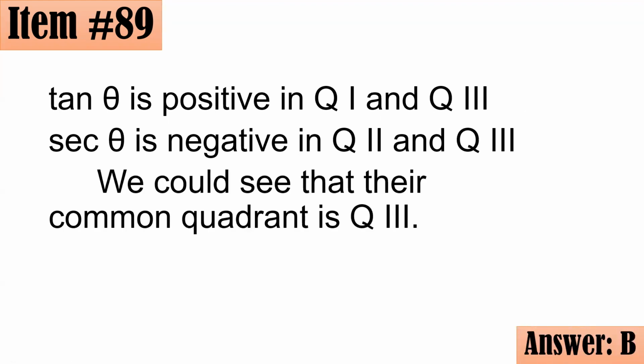Hence, we could see that their common quadrant is quadrant 3, so tama nga naman po si letter B. Tangent theta is positive and secant theta is negative if the terminal side is found at the third quadrant. Magaling po, letter B.